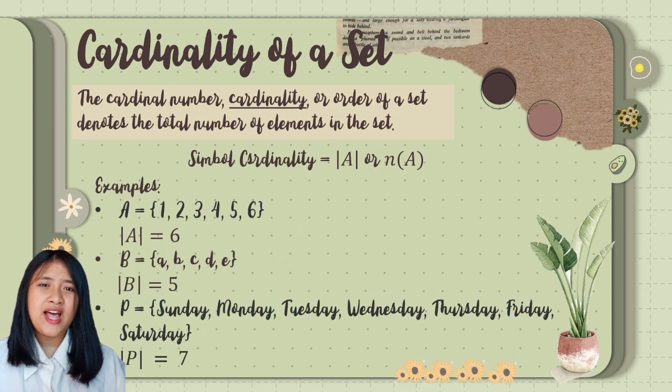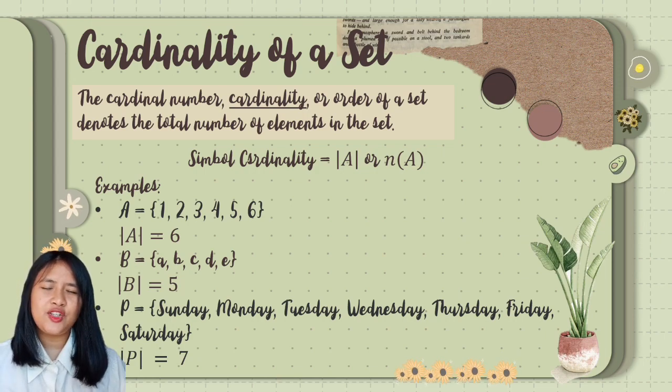Set A with elements 1, 2, 3, 4, 5, 6 has cardinality 6. Number 2. Set B with elements A, B, C, D, E has cardinality 5. And number 3. Set P with elements Sunday, Monday, Tuesday, Wednesday, Thursday, Friday, Saturday has cardinality 7.